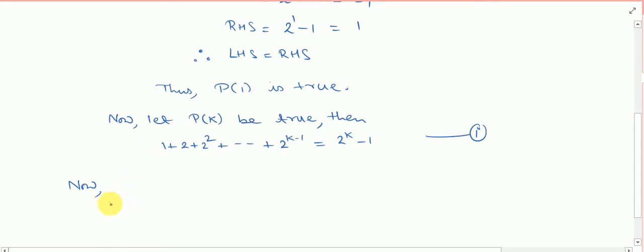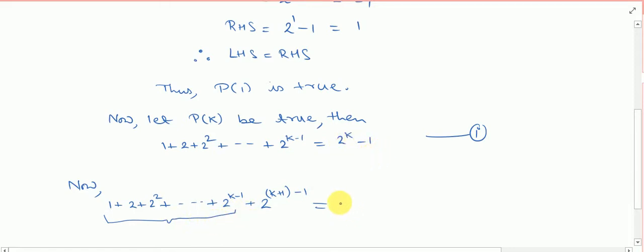Now 1 plus 2 plus 2 square plus dash dash dash plus 2 to the power k minus 1 plus 2 to the power k plus 1 minus 1, okay, equal to, now for this much I can write 2 to the power k minus 1.